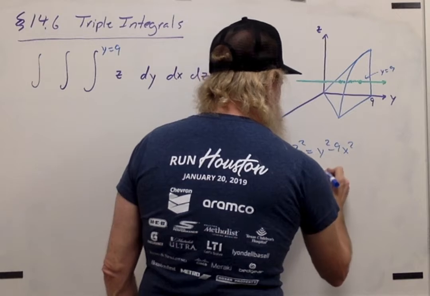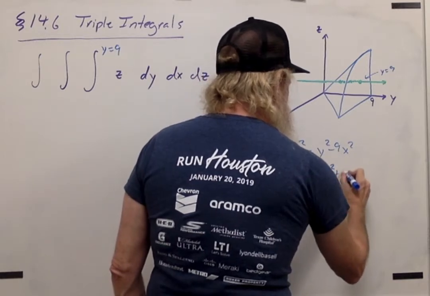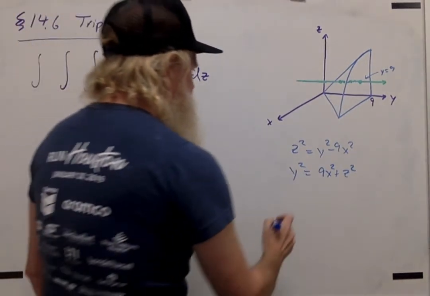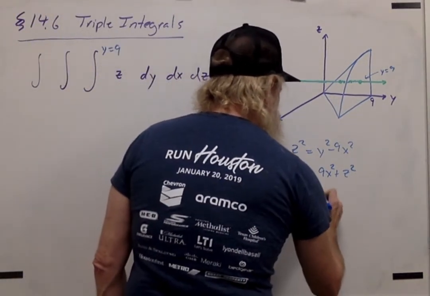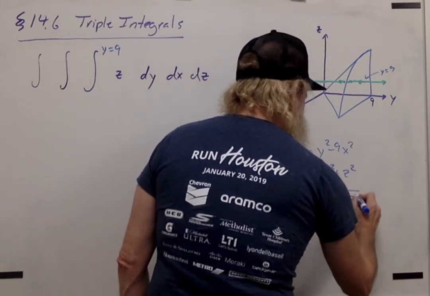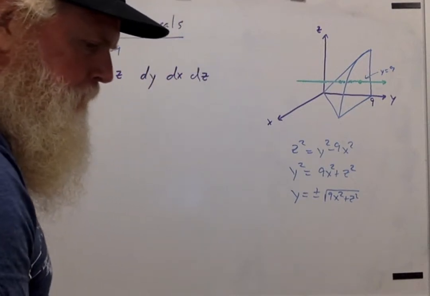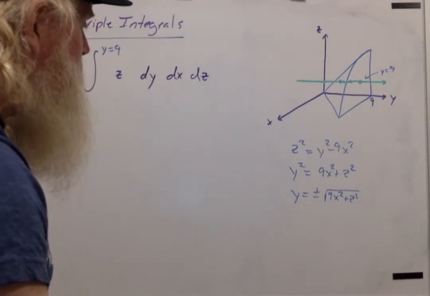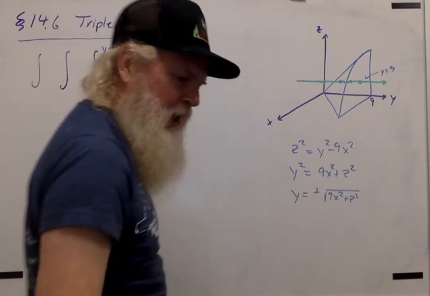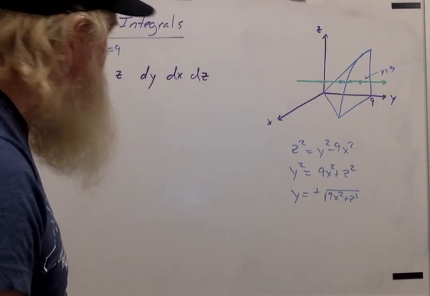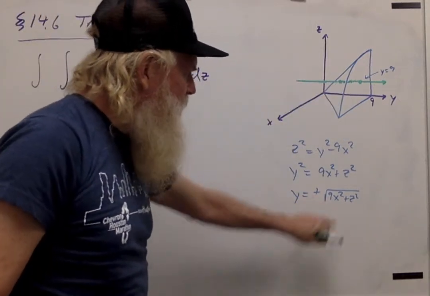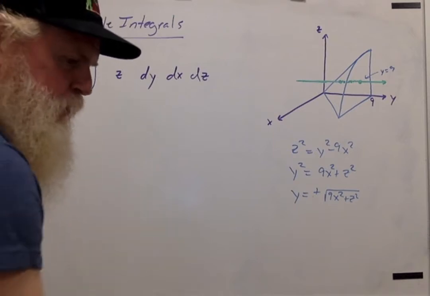So y squared equals 9x squared plus z squared. And then taking square roots, y is plus or minus the square root of 9x squared plus z squared. Since y is positive, it's the positive square root that I need. So my lower bound over here has equation y equals the square root of 9x squared plus z squared.